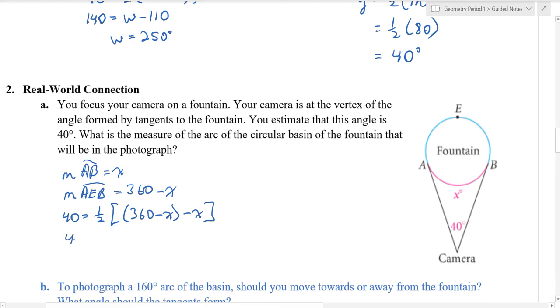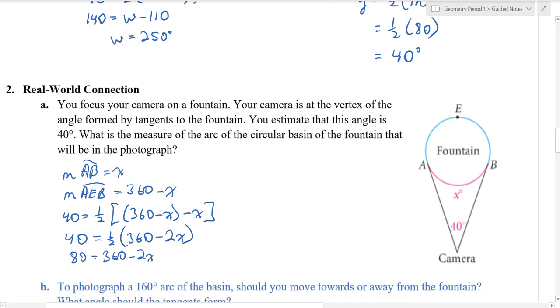So we have 40 equals 1/2 times 360 minus 2x, right? We have minus x over here, minus x here, gives us minus 2x. So over here, I want to get rid of that 1/2, so we multiply both sides by 2. So we get 80 equals 360 minus 2x, right?